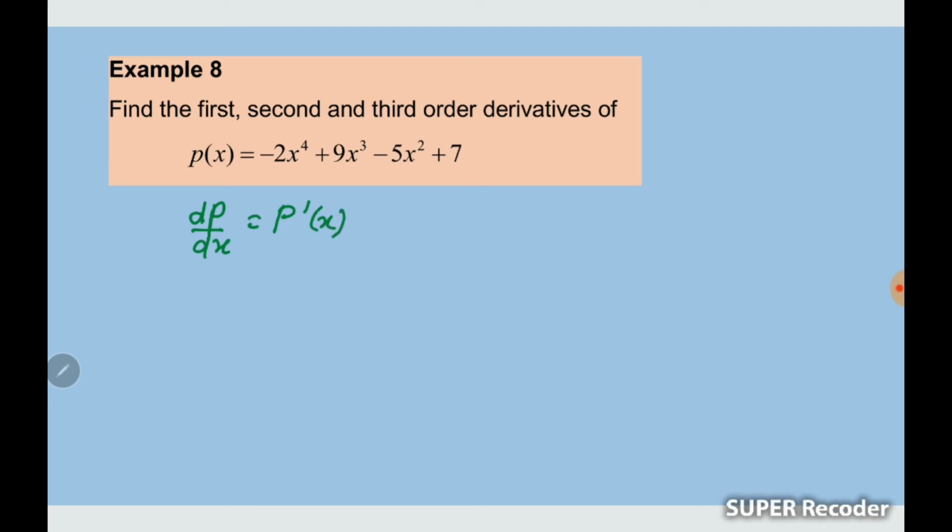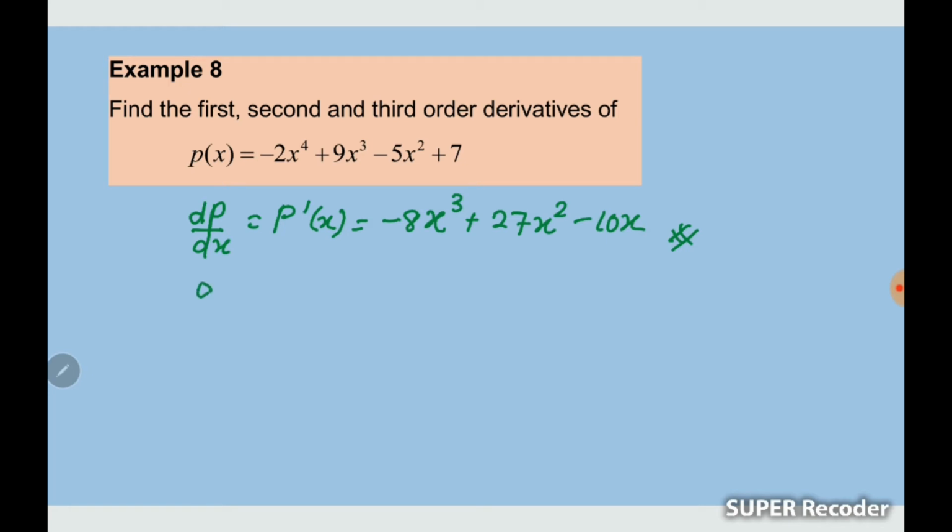P prime x, which is dp dx, equals negative 2 times 4, negative 8, x to the power of 4 minus 1, 3, plus 9 times 3, 27, x squared, minus 10x. Differentiating 7 gives 0. So this is the answer.